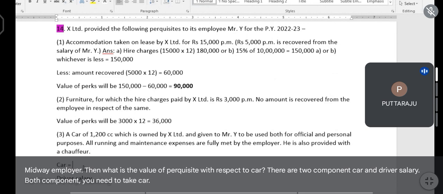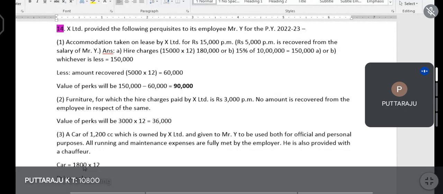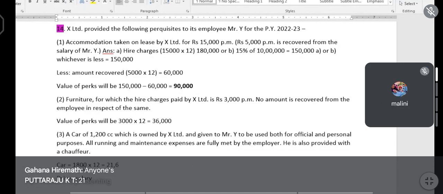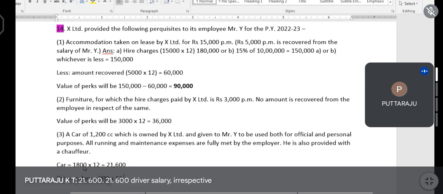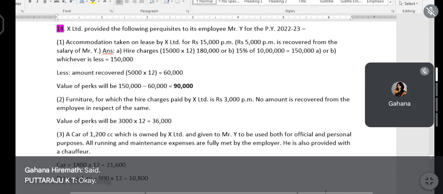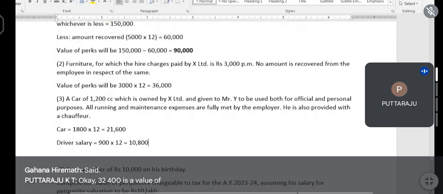Car, up to 1200 cc, is 1800 per month. 1800 into 12 is 21,600. Driver salary, irrespective of cc, 900 into 12 is 10,800. Total 21,600 plus 10,800, 32,400. Yes, sir. Okay, 32,400 is the value of car.